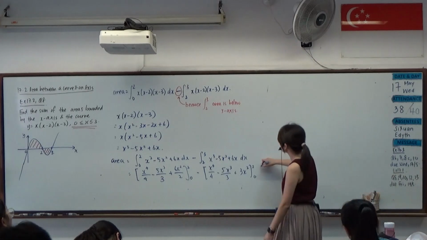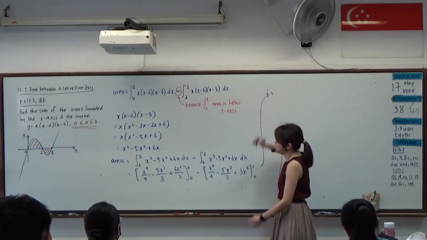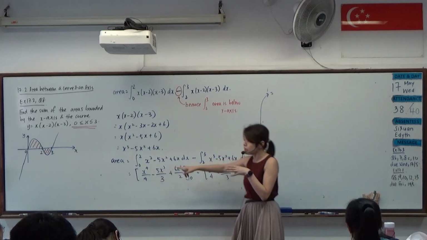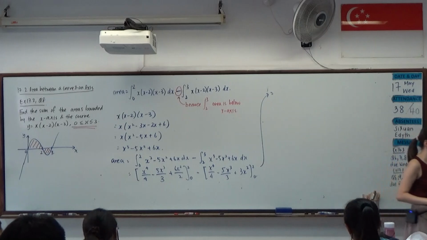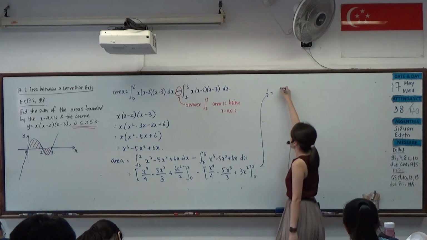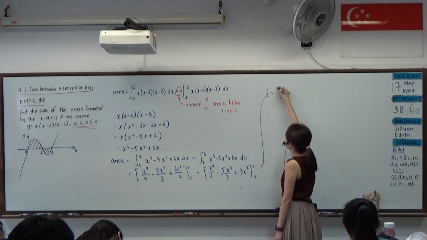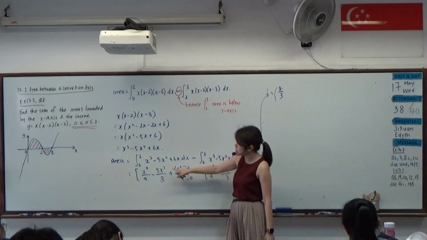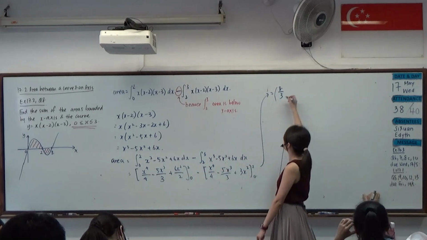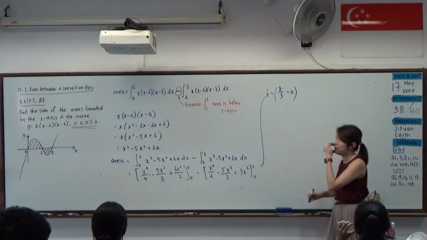So I would suggest that you press the calculator in parts. First, sub in x equals 2, then press your calculator and determine the value. In my case, I got 8 over 3. Then we sub in x equals 0. We observe that substituting x equals 0, everything will be 0. So eventually you're minusing 0.